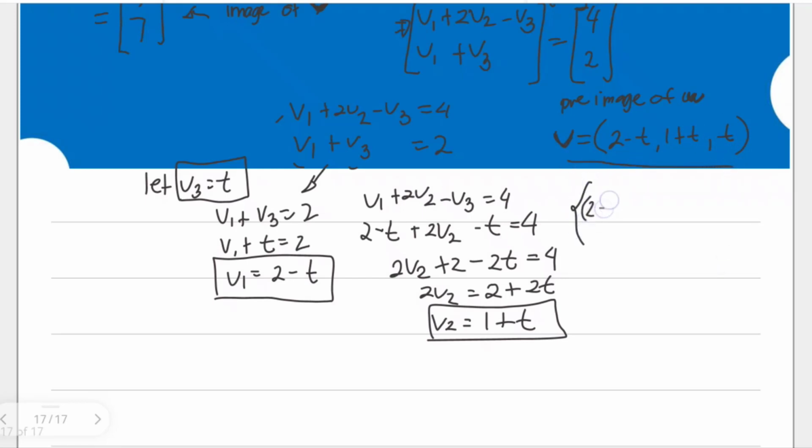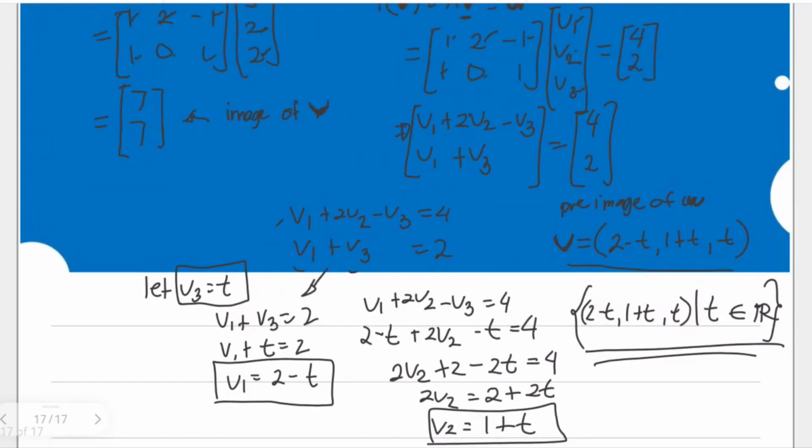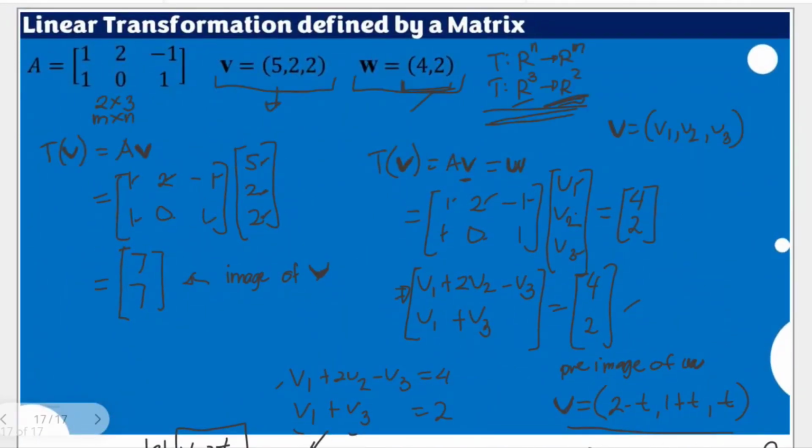We have 2 minus t, 1 plus t, and t, the set of all vectors with this form such that t is an element of R. This is now the pre-image of w, meaning there are infinitely many possibilities to get an image of 4 and 2, which is our given w.